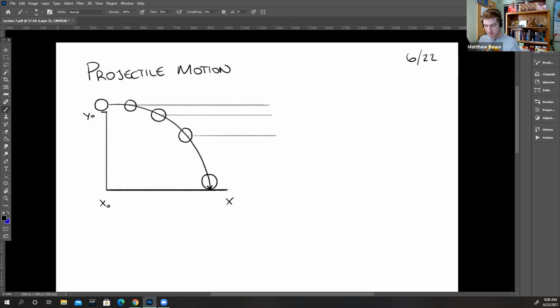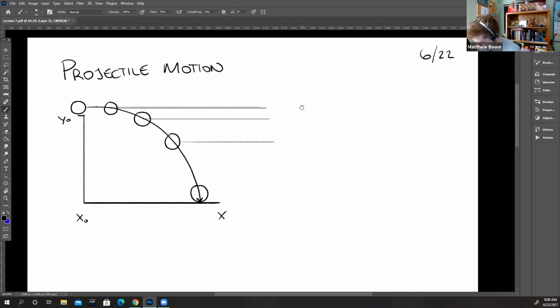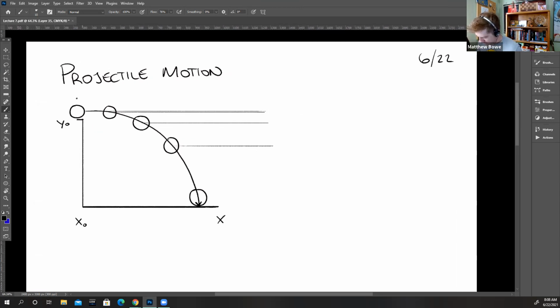So I'm only looking at the vertical components. I've connected a line to the center of the ball at that slice of time.